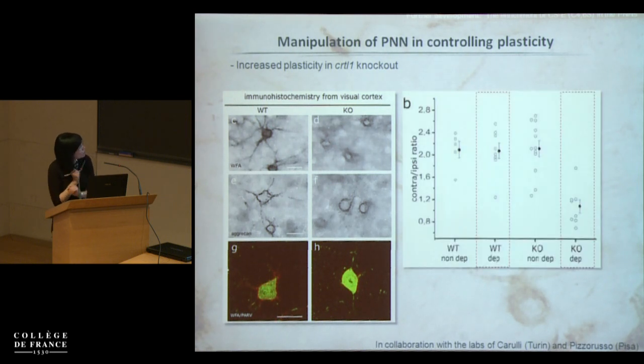So in these animals with reduced perineuronal nets, without any chondroitinase treatment, but just knocking out one protein which is responsible for aggregating this matrix, what you see in an adult nervous system, in the knockout animal with monocular deprivation, is that the ratio between activation on the contralateral side against the ipsilateral side is around 1.